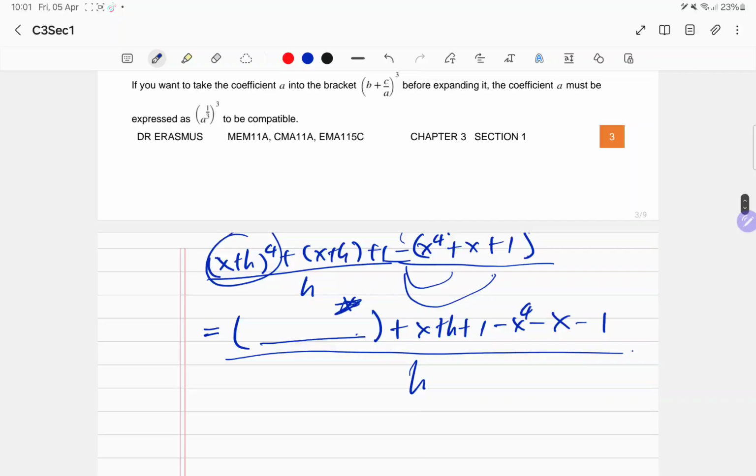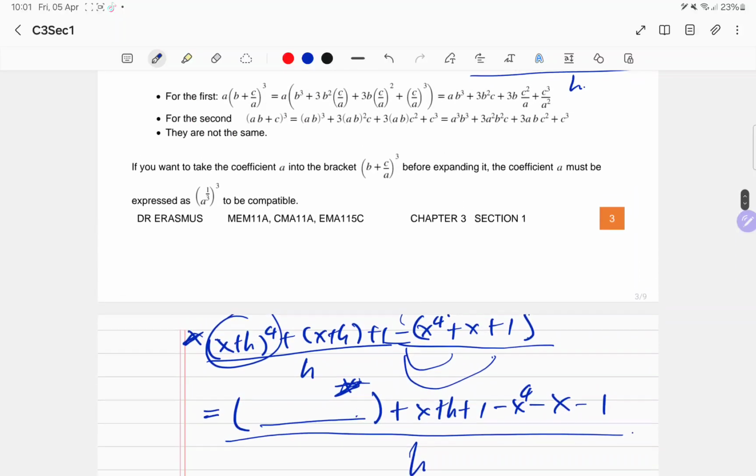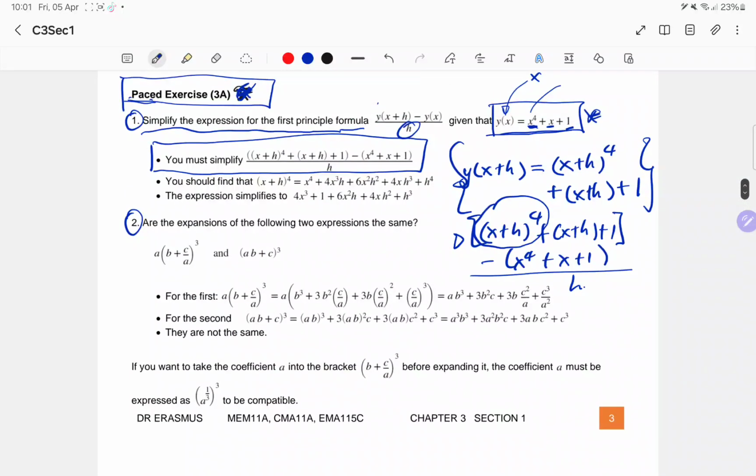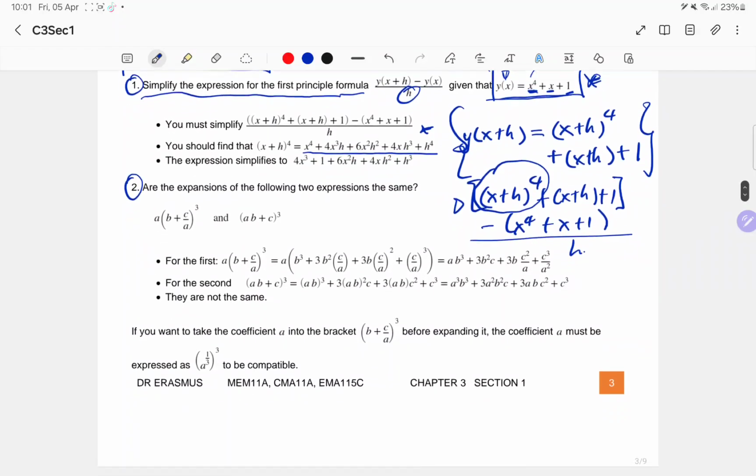But if you expand x plus h to the power 4, you should be able to obtain this expression, which is x to the power 4 plus 4x cubed times h plus 6x squared h squared plus 4x h cubed plus h to the power 4.